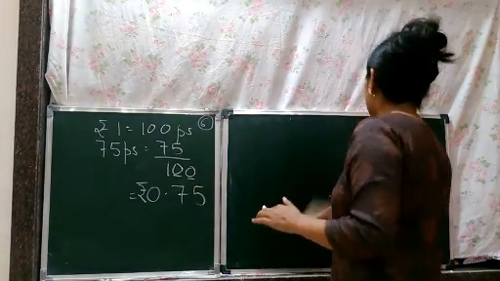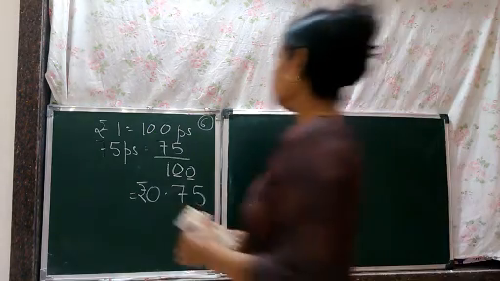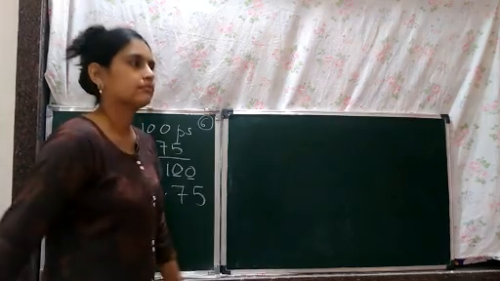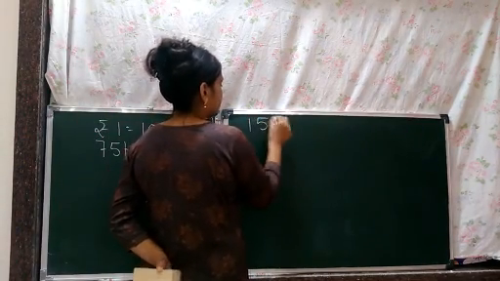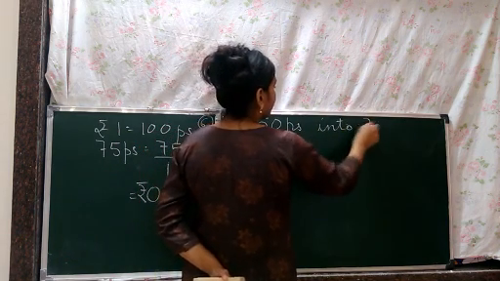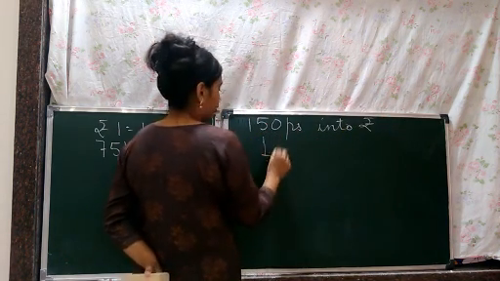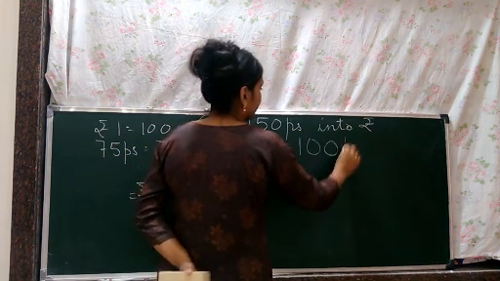One more example for studying the application of decimal. One more example, children. Let's take this: rupee 150 paise. If you want to convert it into rupees, again we all know 1 rupee is equal to 100 paise.